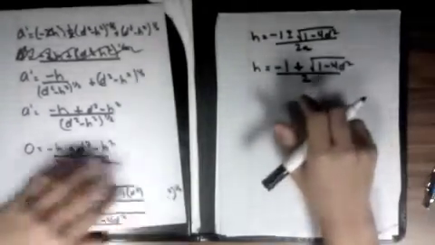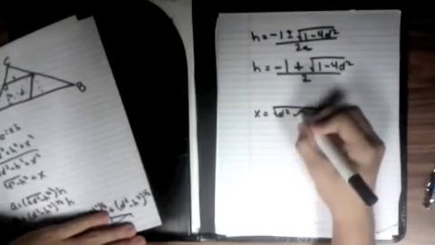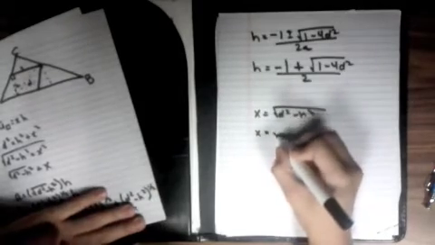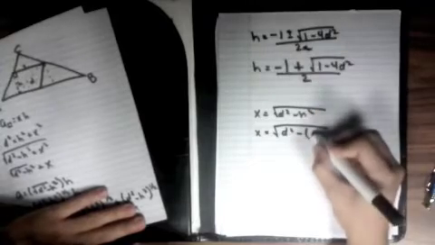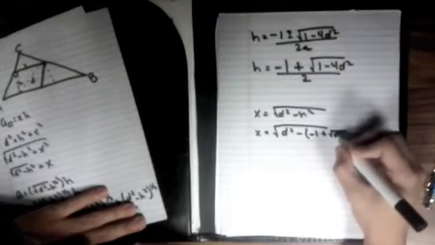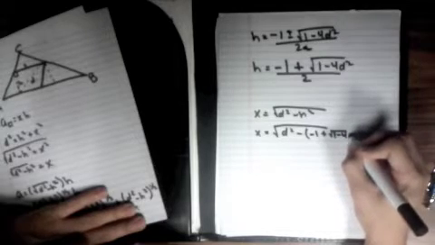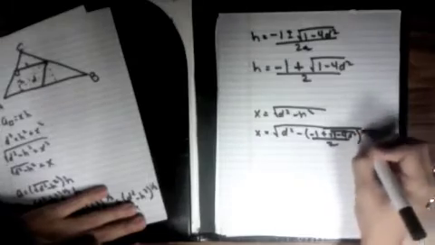So now we have to find the length of the base. So we have that x is equal to the square root of d squared minus h squared. So now that we have h, we can substitute. X is equal to the square root of d squared minus, instead of h, we write negative 1 plus the square root of 1 minus 4d squared over 2 squared.